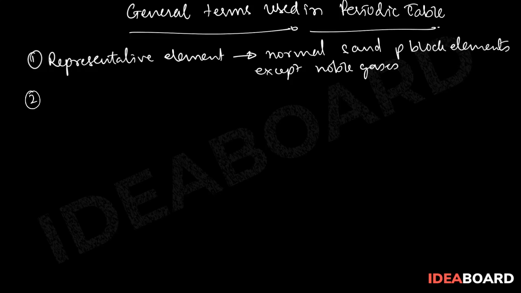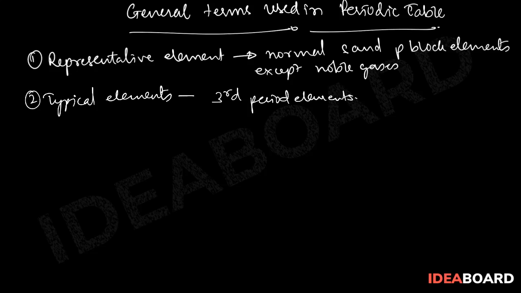Then there are typical elements. Typical elements are elements which show properties of the respective group. Generally, third period elements are called typical elements because they sum up the properties of each group.